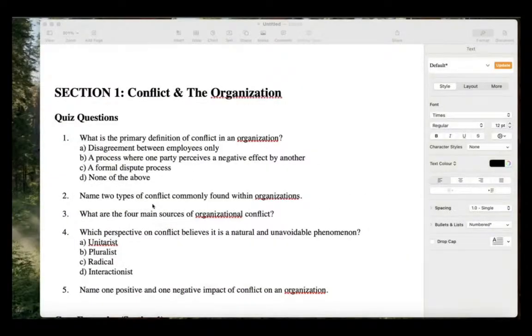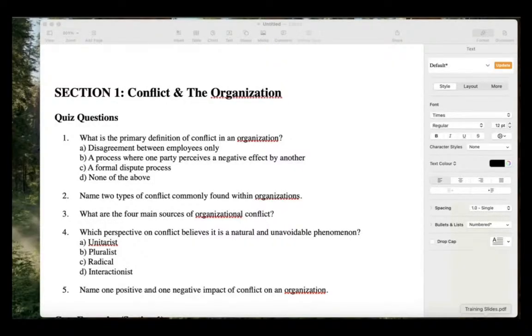I just asked for two types, but now that we are discussing in detail, there are four commonly found types of conflicts in an organization. Got it? Clear? Great.